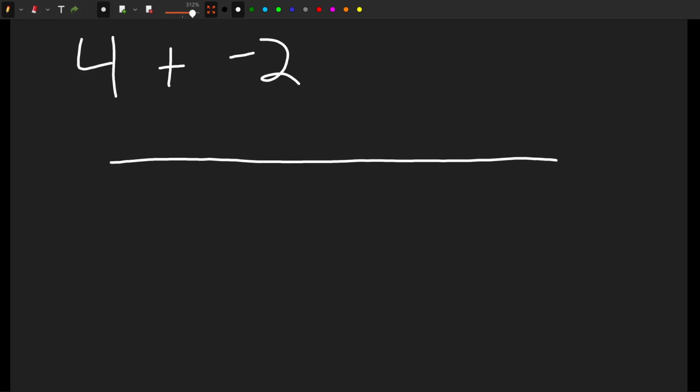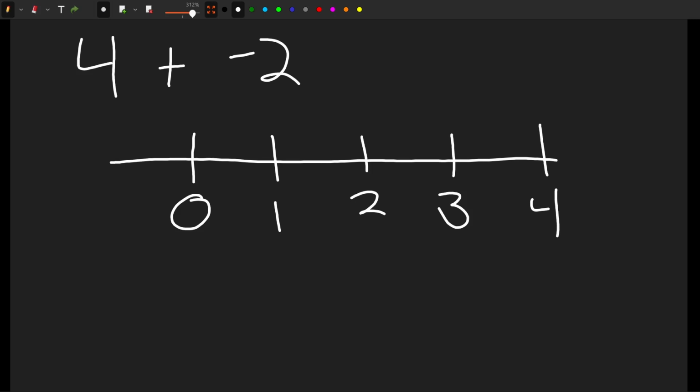We count out 4 spots from 0: 1, 2, 3, 4. And then with our -2, we count back 2 spots from 4. So we go 1, 2, and our answer becomes 2.